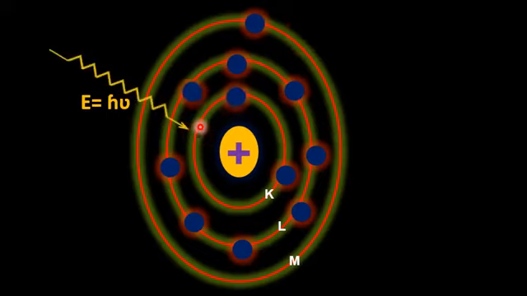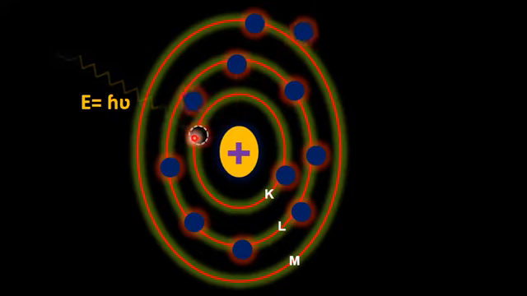So the structure of the atom will become stable in the K shell because the higher energy level electron has jumped into the lower energy vacant position of the K shell.